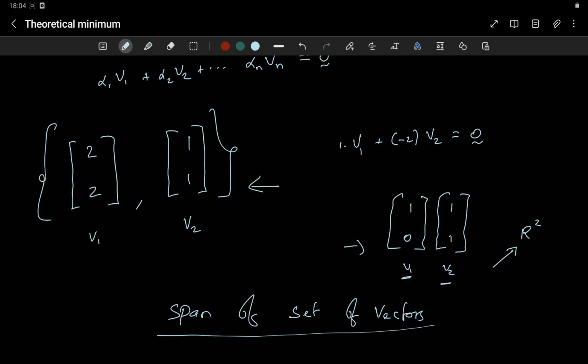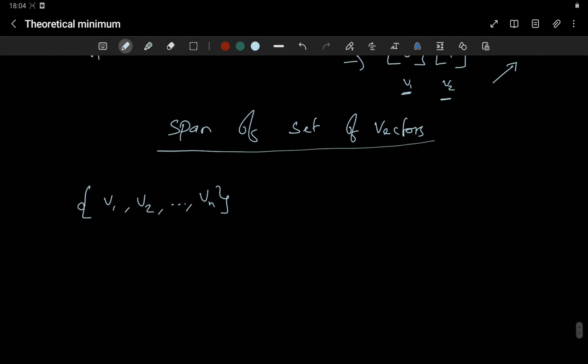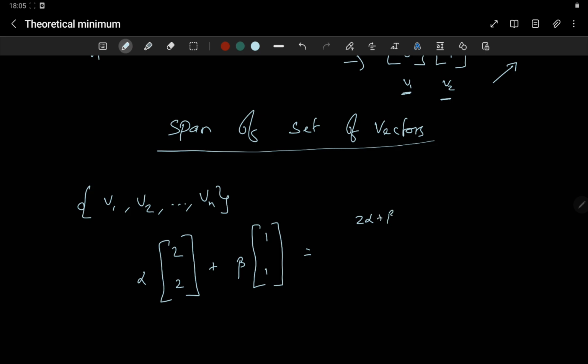5 5 we can reach. See, now let's say alpha into 2 2 plus beta into 1 1, and that's equal to 2 alpha plus beta, 2 alpha plus beta. Which means the x component and y component have to be the same. If there is a point where the x and y components are the same, then we can reach that point.